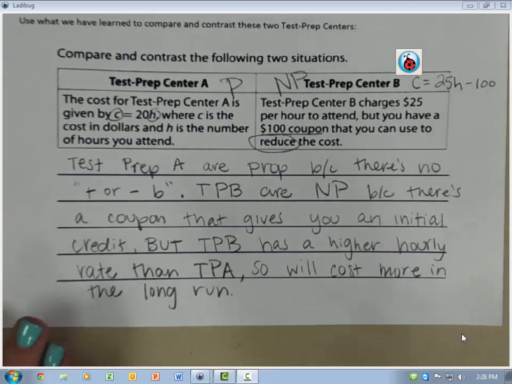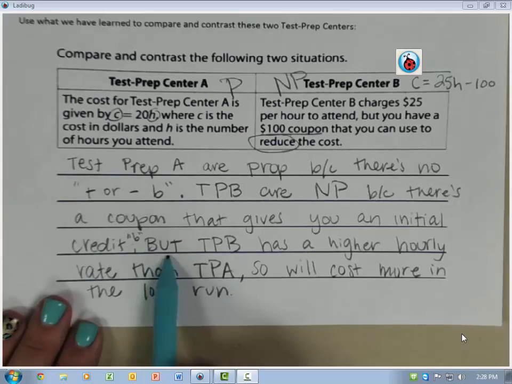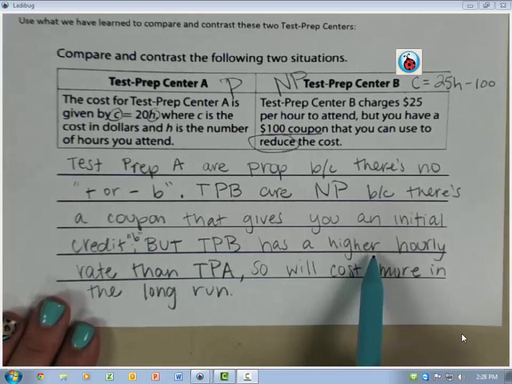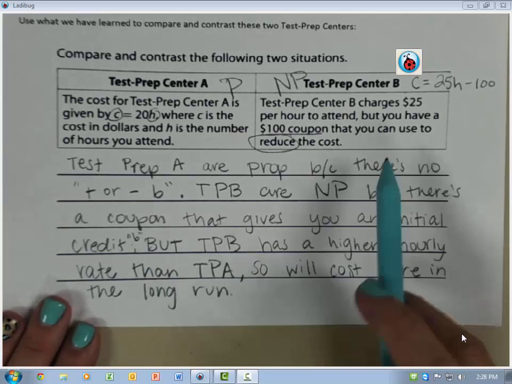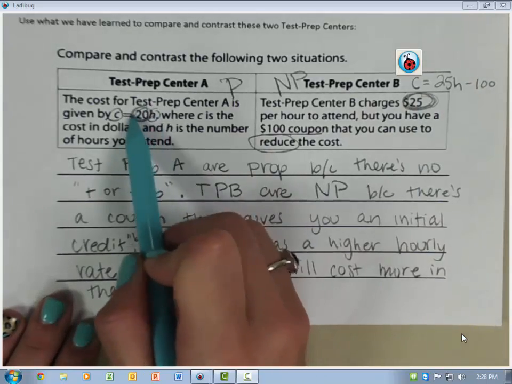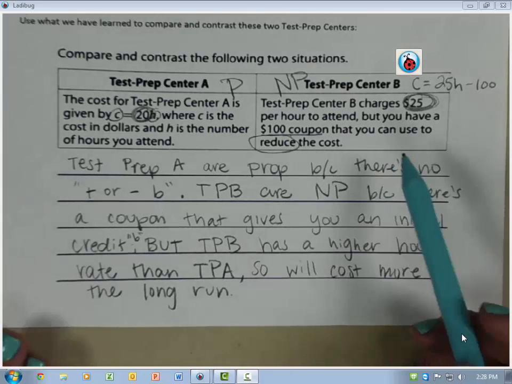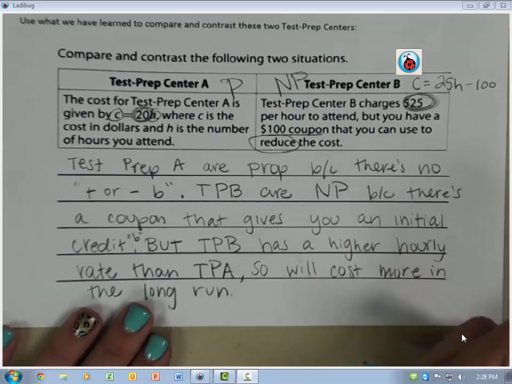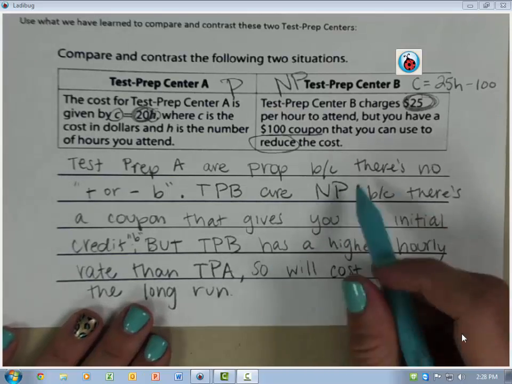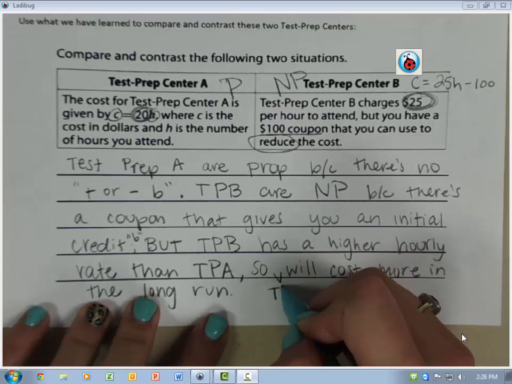That initial credit is talking about your B. But Test Prep Center B does have a higher hourly rate than Test Prep Center A, because we charge $25 per hour here and we'll only charge $20 an hour there. So in the long run, Test Prep Center B will cost more.